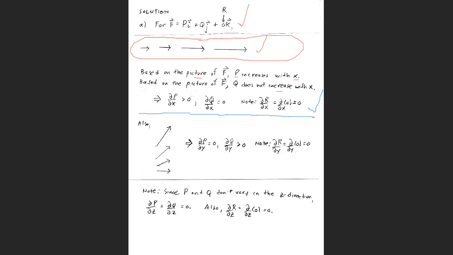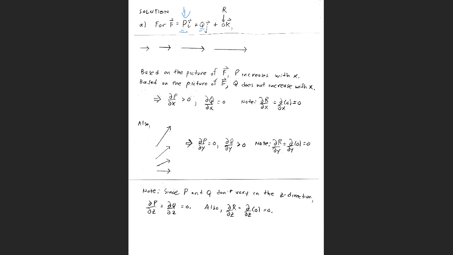Okay, so what defines these vectors in the vector field? Well, there are two components in the vector field: a component P and a component Q. Now, does P control the horizontal part of the vector or the vertical?